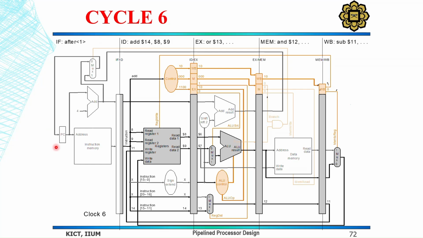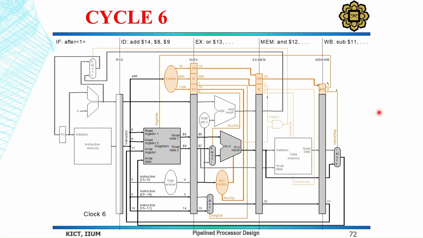Since we had only these 5 instructions, this stage is now empty for our scenario. If there is any instruction after this set of instructions, it will come over here. So this is the first slot which will be used after our last instruction.